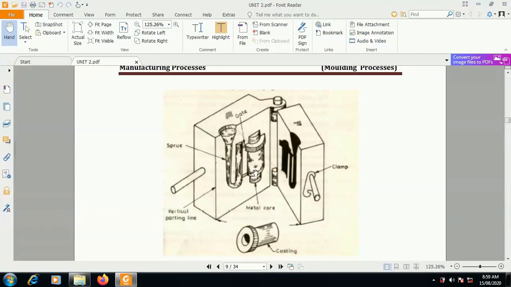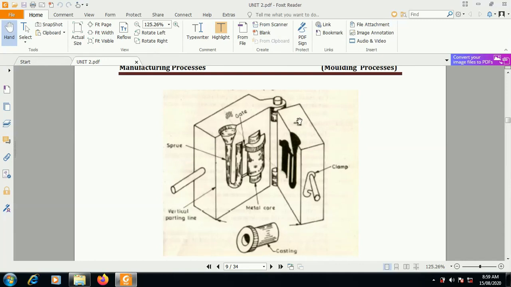You can see in the figure that the permanent molds are made in the form of dies. This particular diagram shows a permanent mold designed with a vertical parting line. This is the mechanical clamp. Here the thickness of the mold cavity ranges from 15 mm to 50 mm.